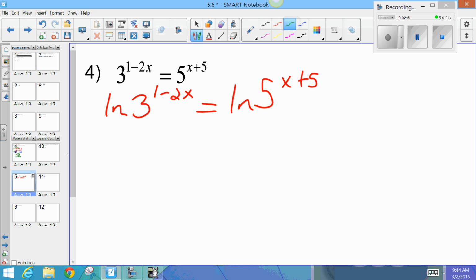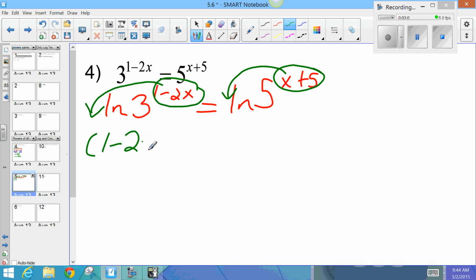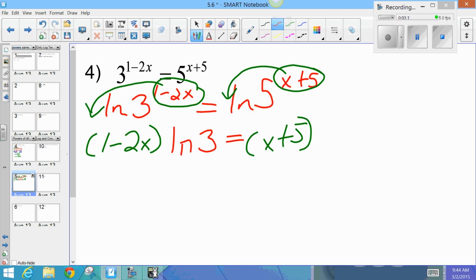Then I'm going to use the exponent law of logarithms to take both of these and move them up front of the log. So I've got 1 minus 2x times the natural log of 3 equals x plus 5 times the natural log of 5.